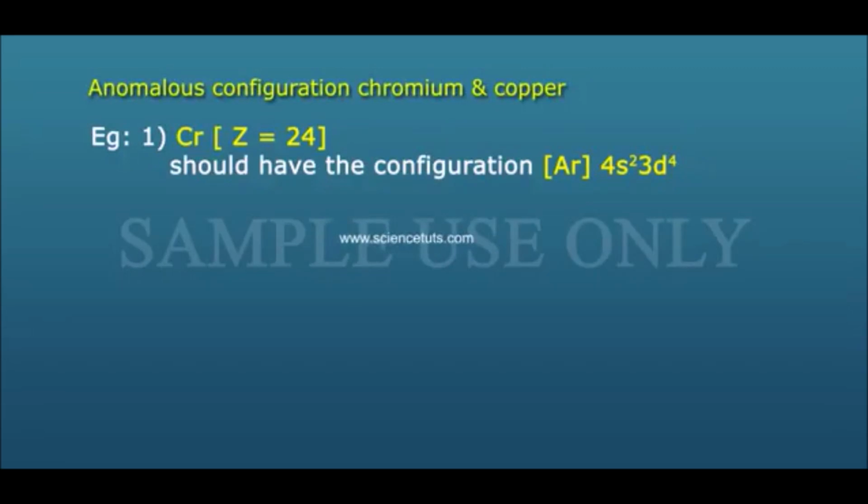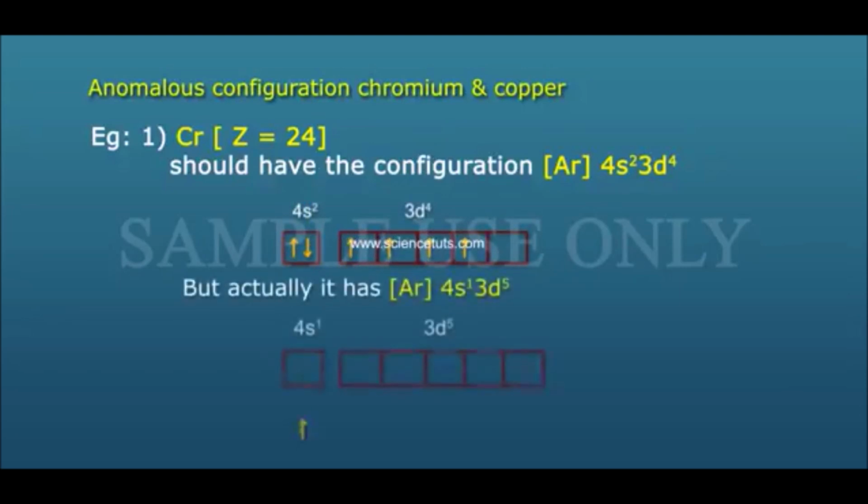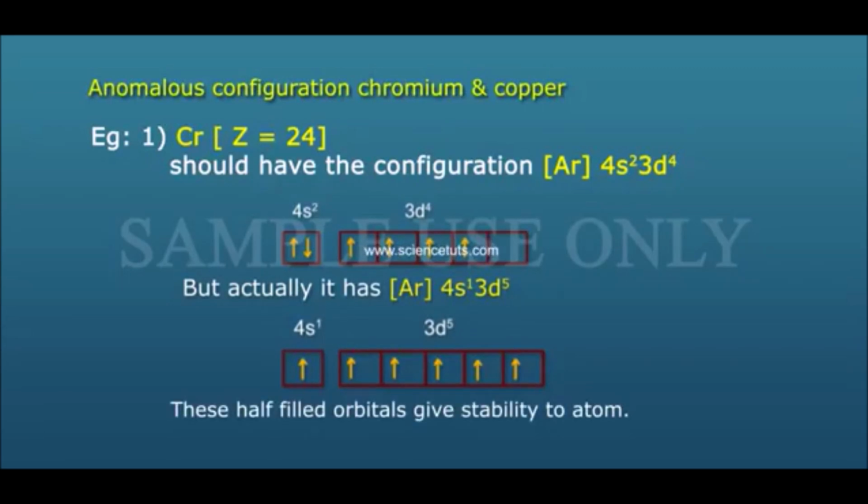It should have the configuration argon 3d4, 4s2, but actually it has argon 3d5, 4s1. This configuration gives half-filled orbitals. These half-filled orbitals give stability to the atom.